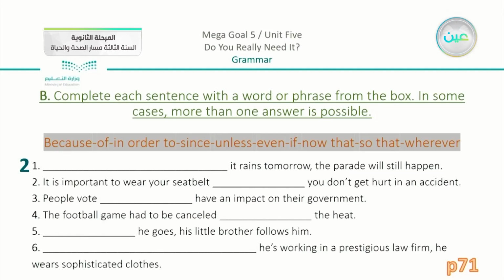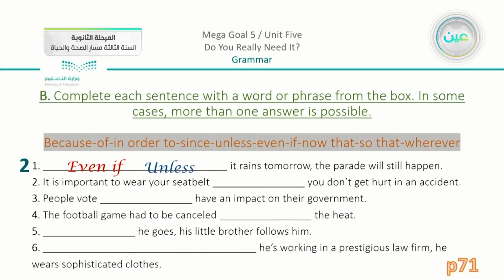And you can see the other choices that we have here. I told you that we have 2 options here. We can say, for example, even if, and also unless. So unless it rains tomorrow, the parade will still happen. Both conjunctions do complete the adverb clause here.